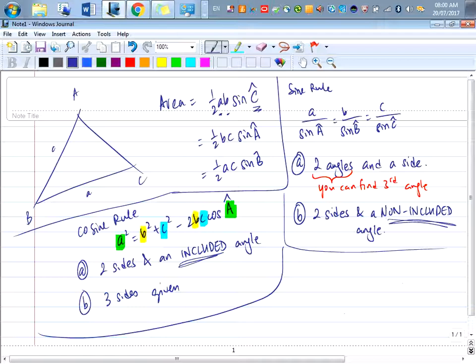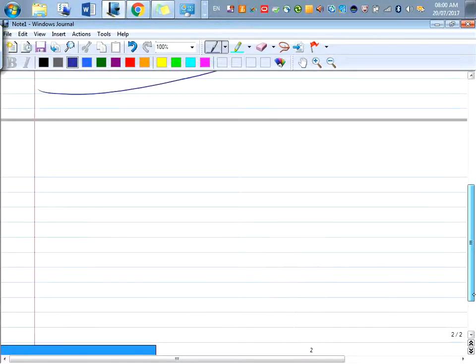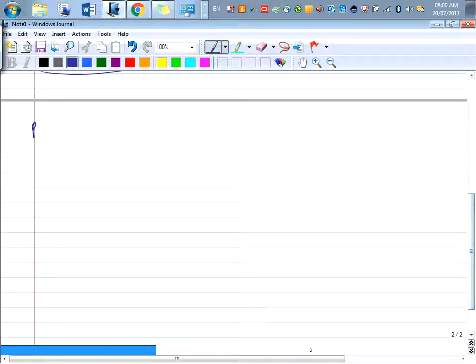So let us go quickly and take a look at revision exercise 7. We're not going to be doing the questions. This exercise, question 5. What I want you to do is to just take a pencil and think about 5a. What are you given? And what rule will you apply? Okay, so I give you a bit of time to think about it.